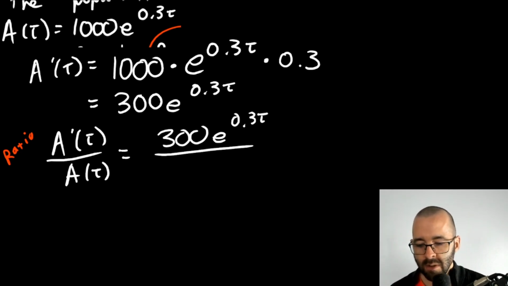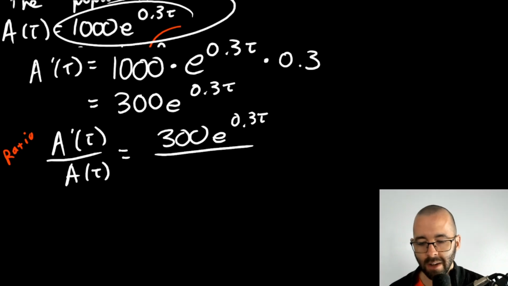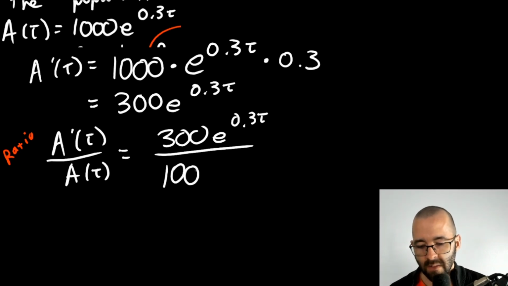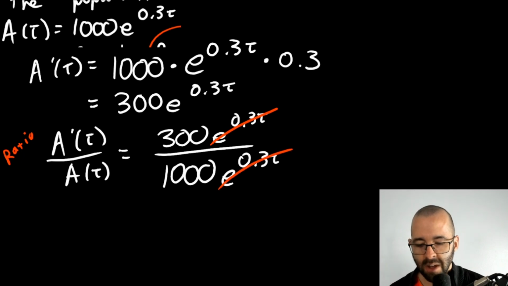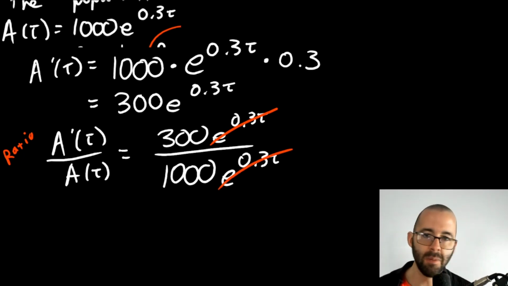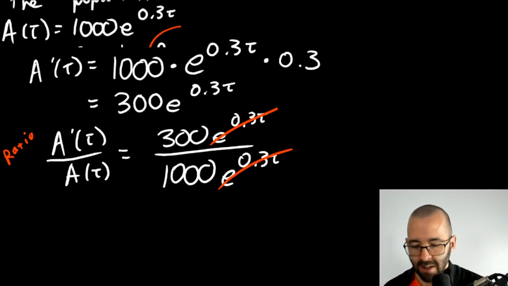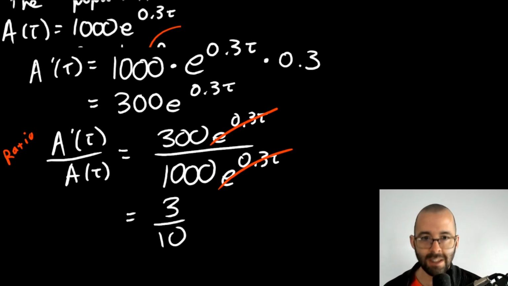And the bottom is the original function, 1,000 e to the 0.3t. What's this ratio? Let's simplify. We have an exponential, the same exact thing on the top and the bottom, that cancels. All that's left is 300 over 1,000. That's 3/10. 30%. 0.3.